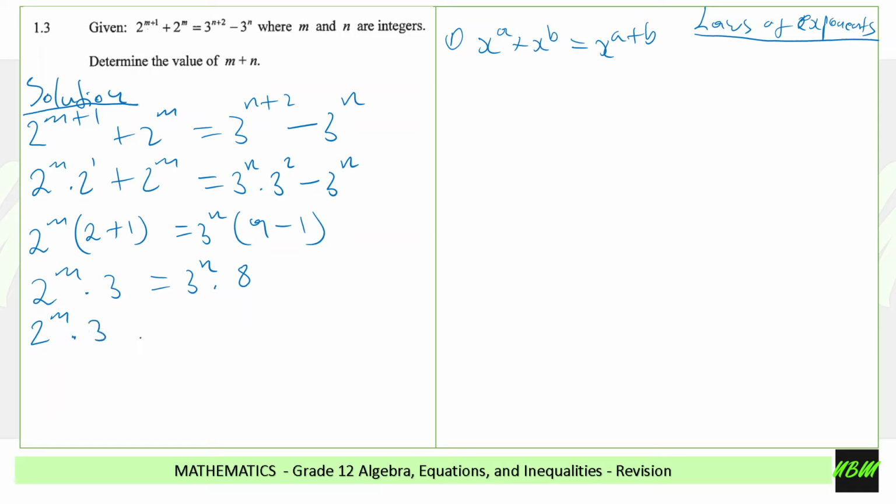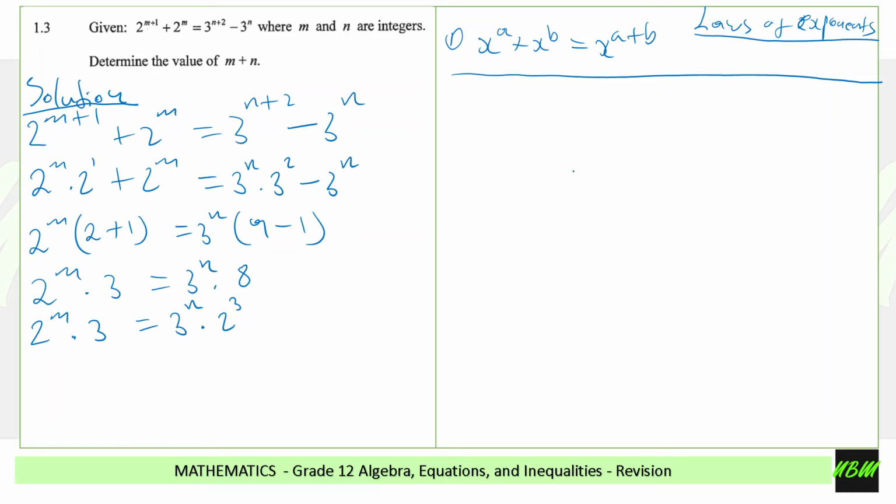So 2 to power m multiplied by 3 is equals to 3 to power n multiplied by 2 to power 3. So now the question is, what will be the value of m plus n? Meaning we need to determine the values of m and n, and then add them together to find the value.